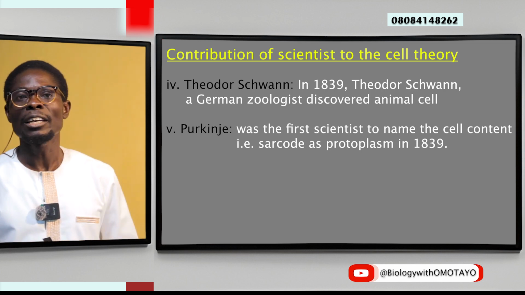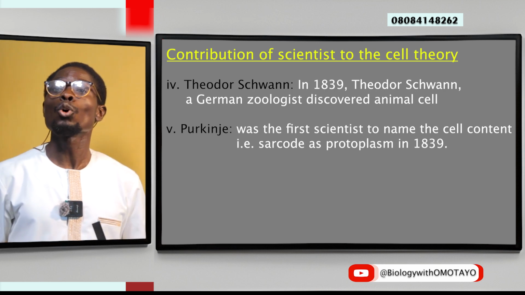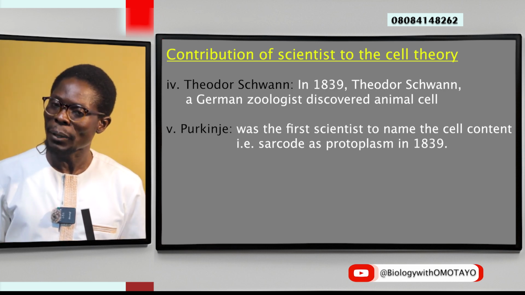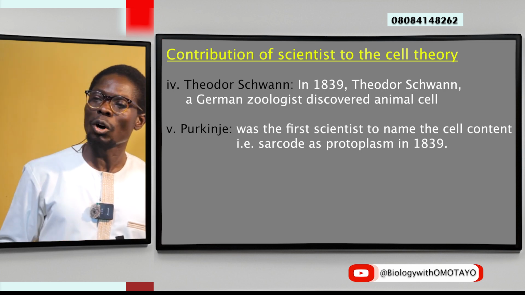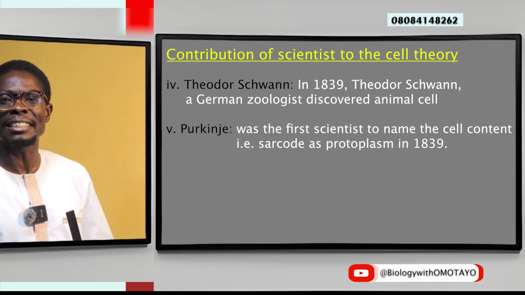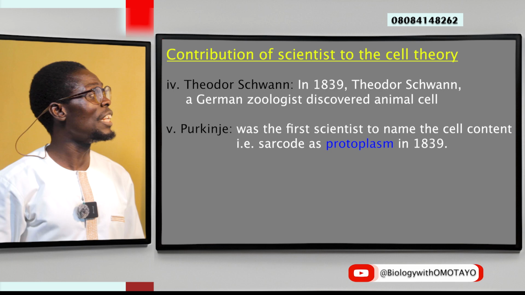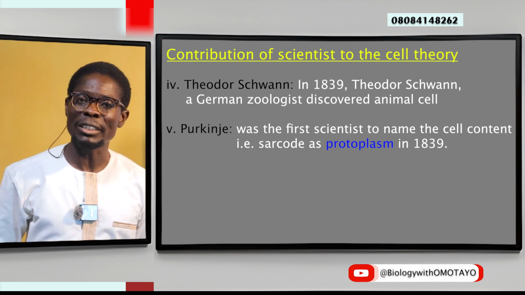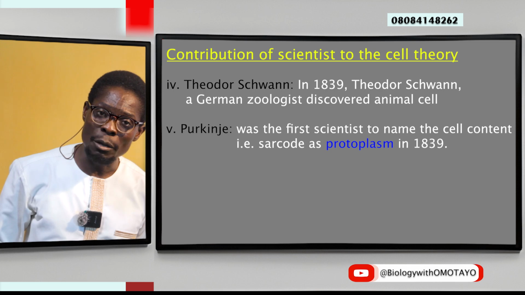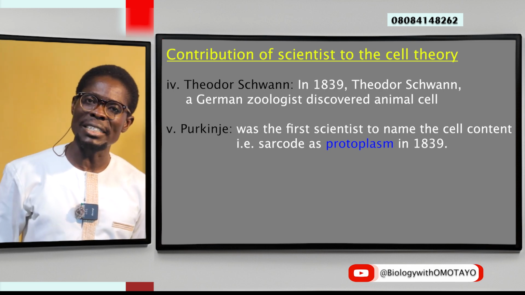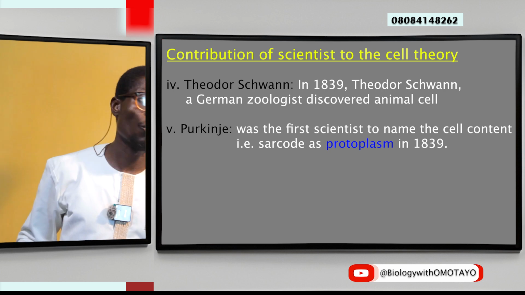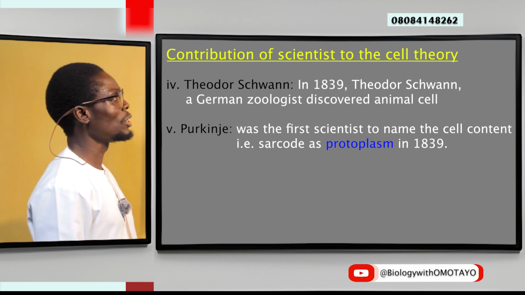So Purkinje was the first scientist to name cell content as protoplasm, and this work was carried out in the year 1839. He gave the name protoplasm as against sarcode that was earlier named by Felix Dujardin when he discovered that the cell actually has content.